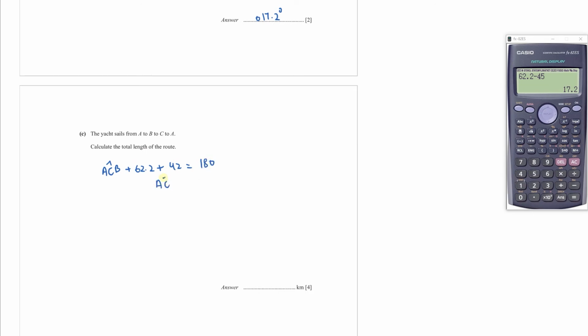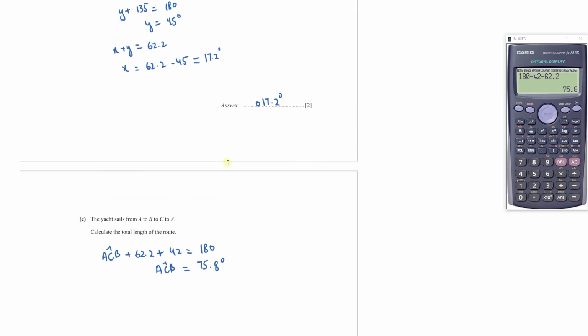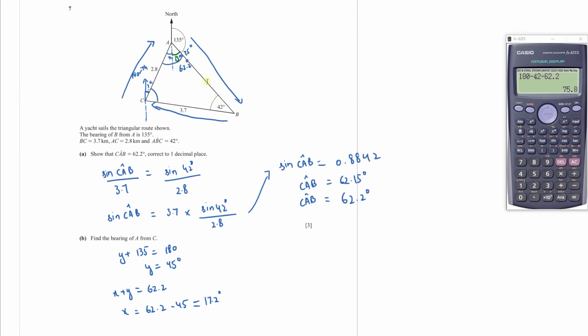So angle ACB is 180 minus 42 minus 62.2. So this is 75.8 degrees. Now we can calculate this length AB. So we can use the sine rule.